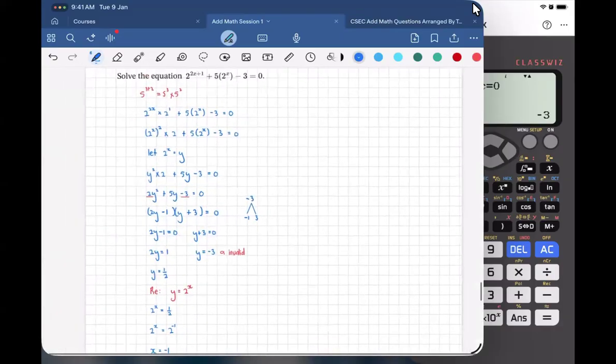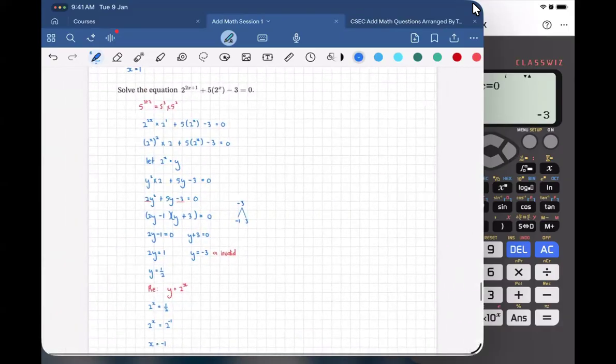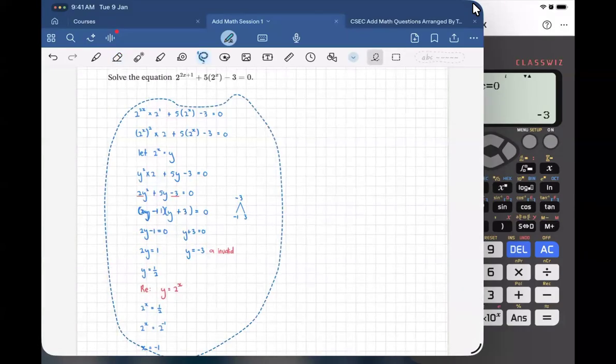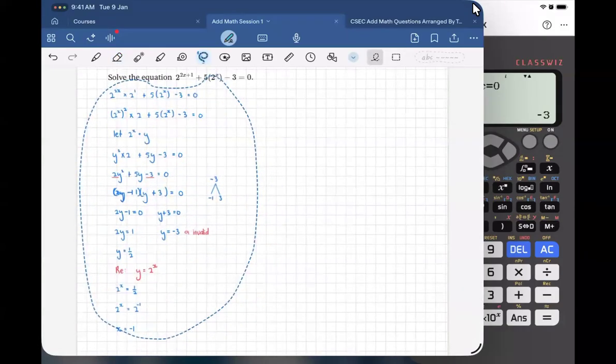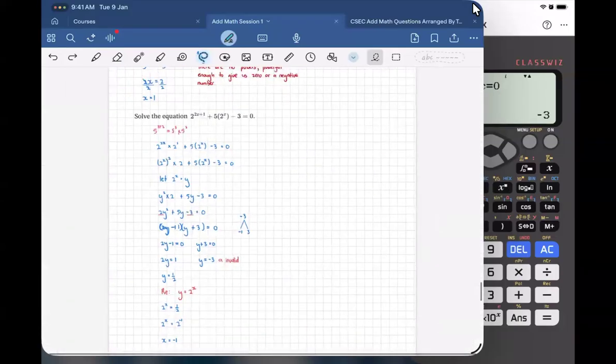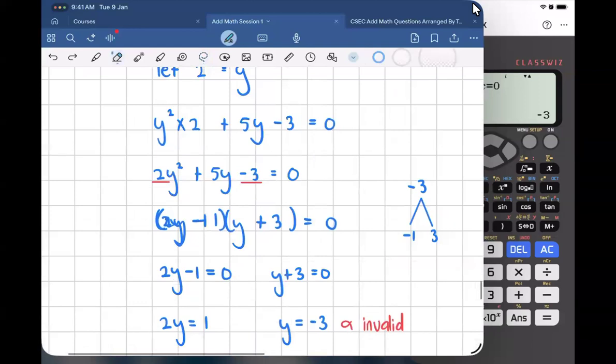Now, could somebody tell me how I would prove if my answer is correct? Could somebody tell me how to check if my answer is correct? Sheena, you're the person for this. I guess you could substitute x with negative 1 wherever I see x in the initial equation.